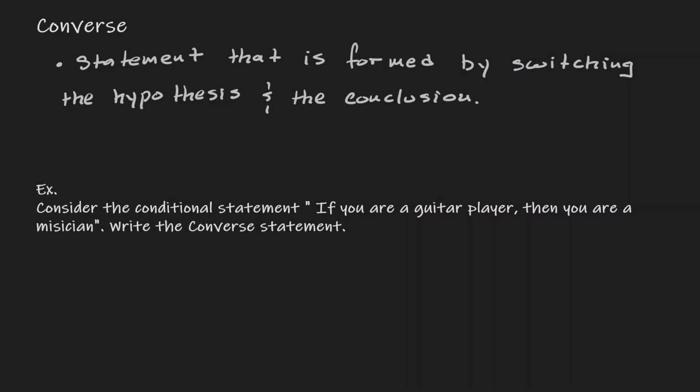So let's take a look at the example underneath. Let's consider the conditional statement: if you are a guitar player, then you are a musician. And what we want to do is write down the converse of this statement.